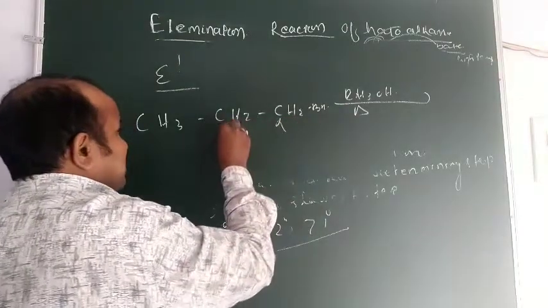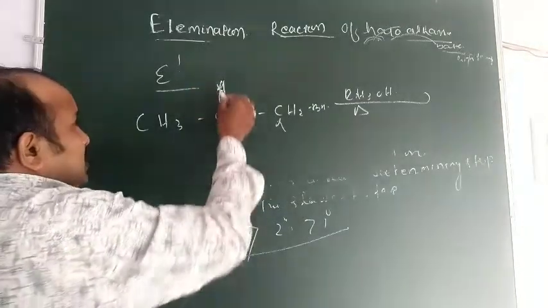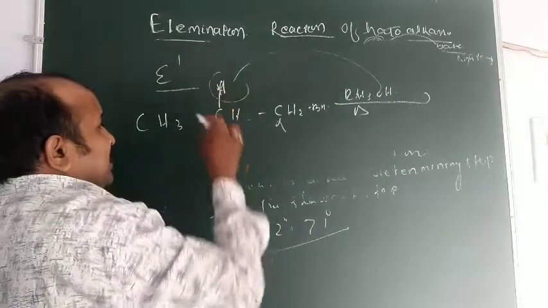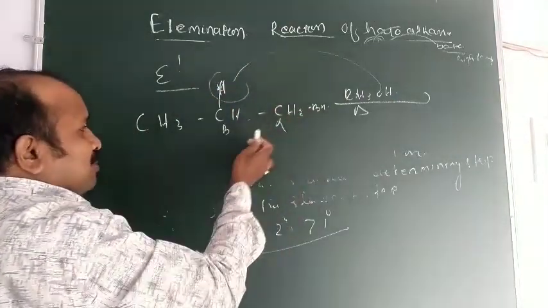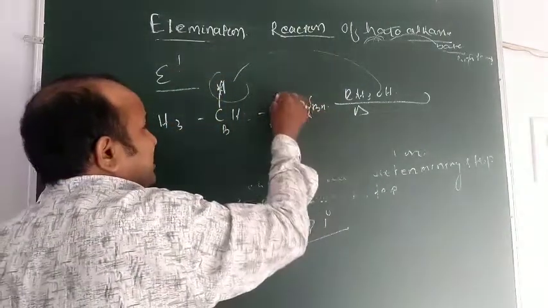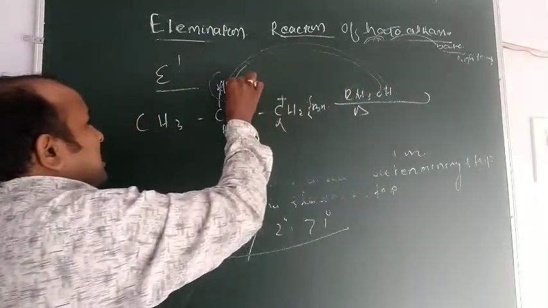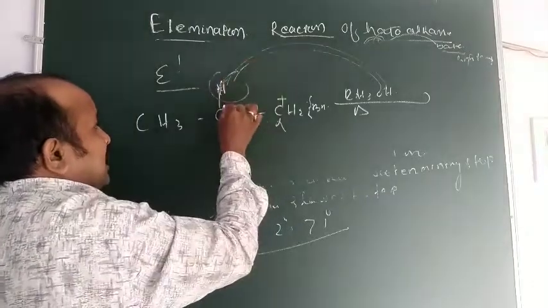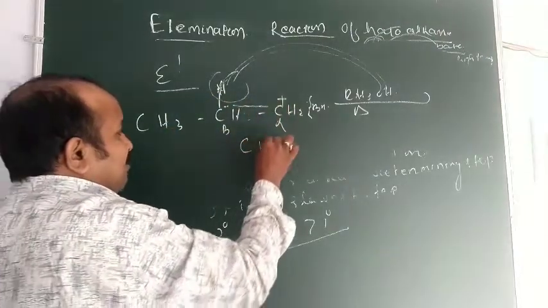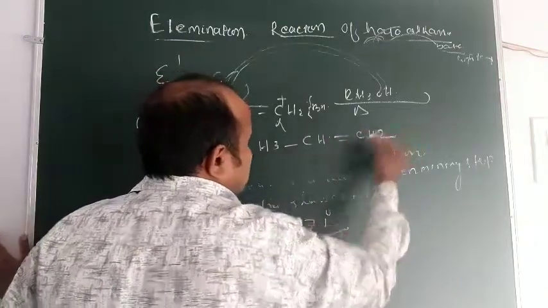This is alpha, this is beta. This hydrogen is attracted by the base. First it forms the carbocation, the Br is removed, and then the base easily attacks the hydrogen and this makes a double bond, forming CH3CH=CH2.